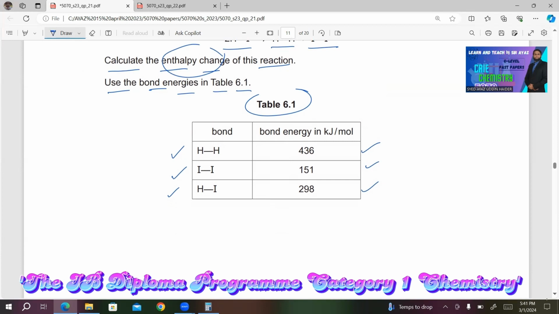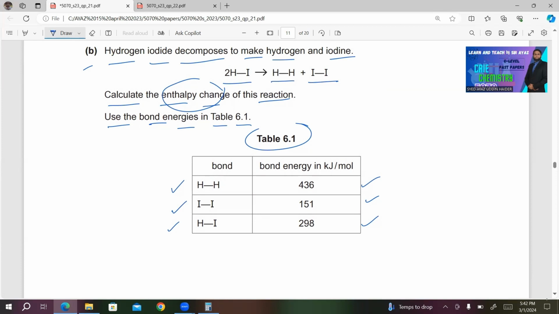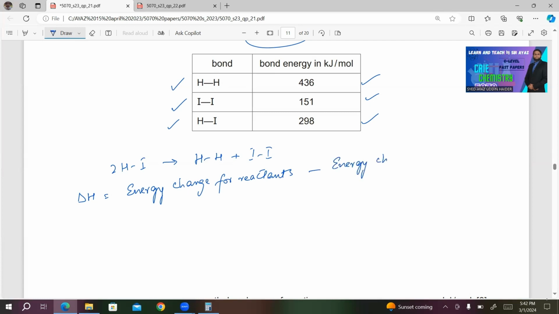So we need to calculate the enthalpy change for this reaction. You know the formula for enthalpy change? I'm writing the reaction here: 2 H-I gives H-H plus I-I. You know that delta H will be the energy change for reactants minus the energy change for the products.